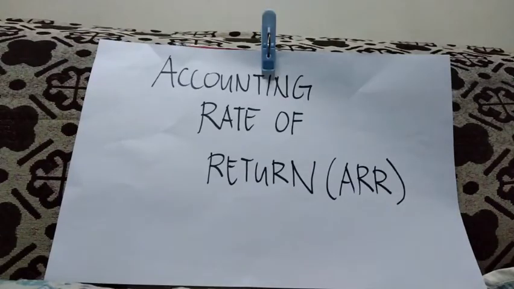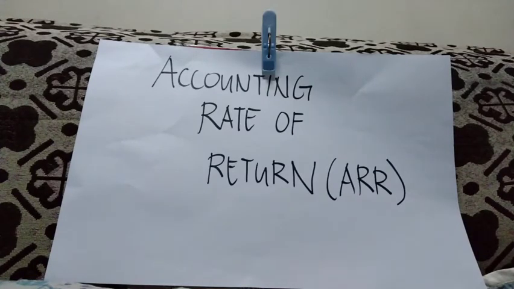So lastly, under non-discounted cash flow, there's a technique called accounting rate of return, or ARR. Accounting rate of return calculates the return generated from net income of the proposed capital investment. For you to understand more, I will give an example.